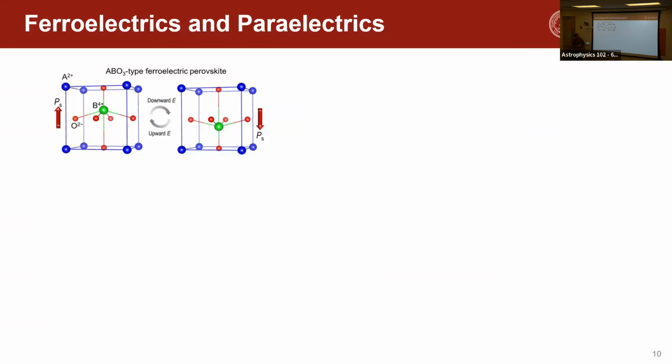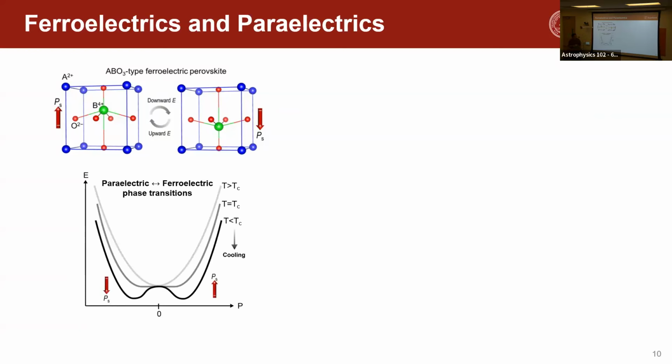So the material system that we started investigating is ABO3 type ferroelectric perovskites. And the reason is that we believe that they will have a large dielectric constant at these low temperatures, especially when they're approaching a phase transition from a paraelectric to a ferroelectric phase.